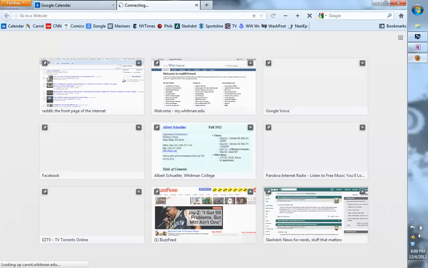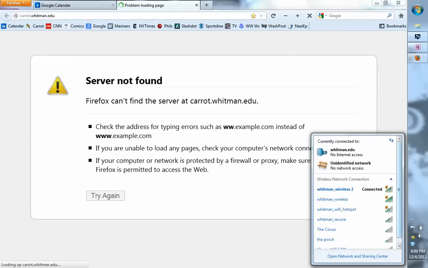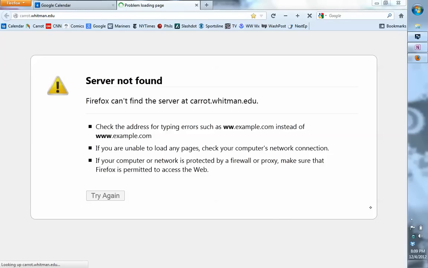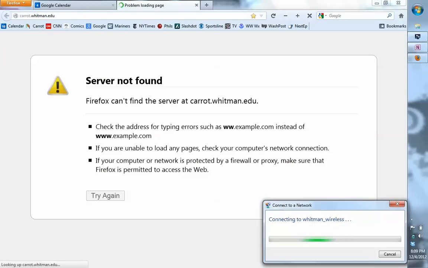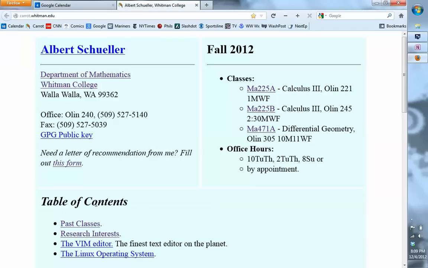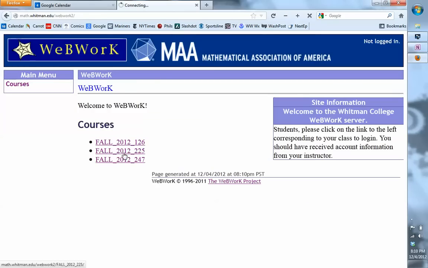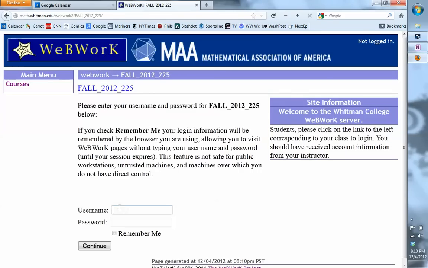Oh, do I have no internet here? That sucks. Try again, maybe? No? Okay. Oh, there we go. Whitman Wireless, try that. Come on, stupid thing. Okay, that's better. And WebWork. And I bet I'm not going to be able to type on this thing.